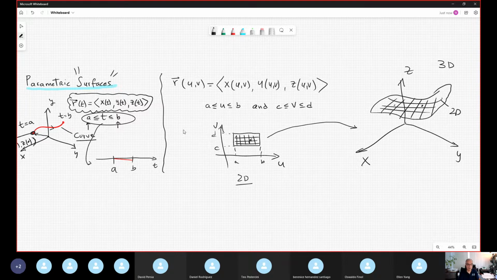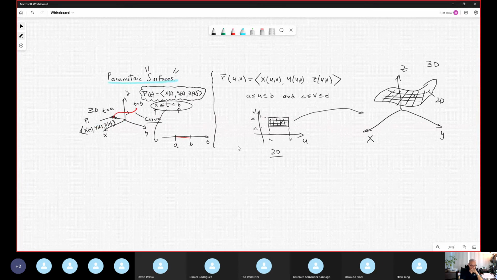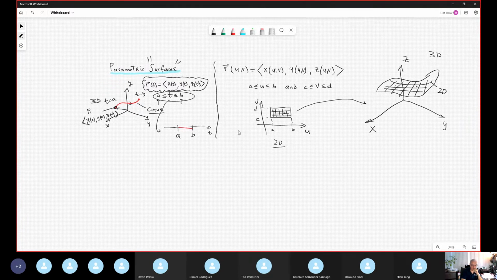Let me show an example, and I also created a script in GeoGebra to understand this much better. And I emphasize this a lot because this part is super, super important.